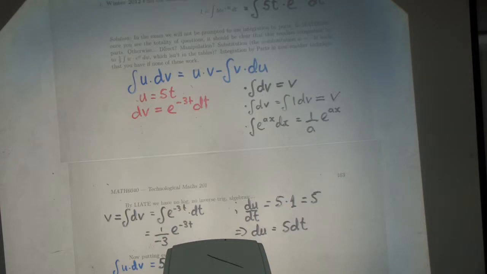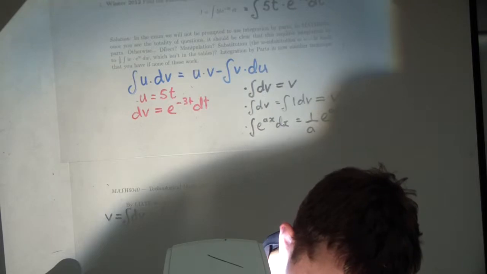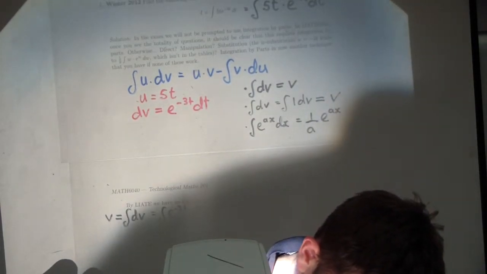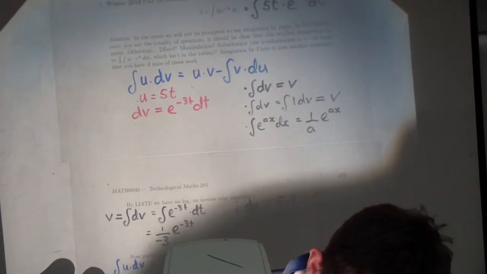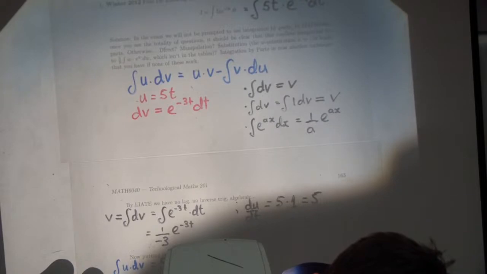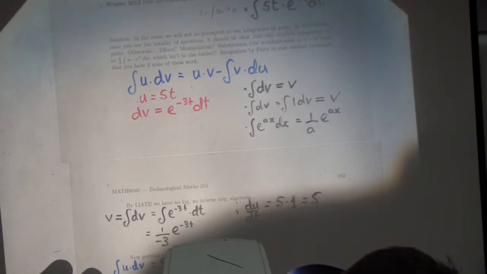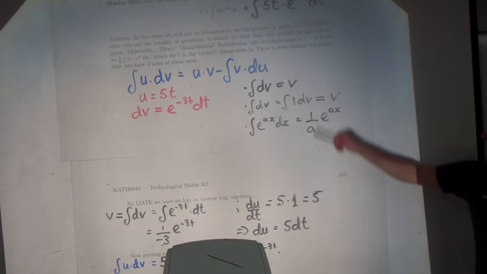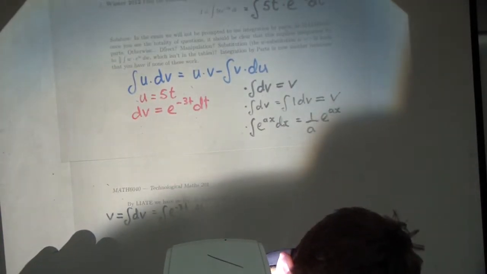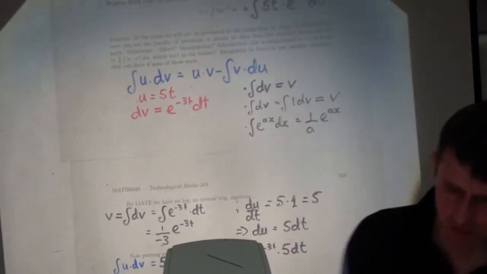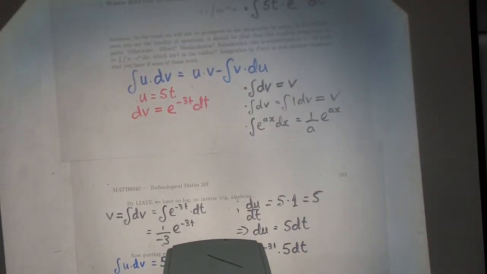So that 1 over minus 3 is minus a third. I'm going to just write it as it is for now. Minus the antiderivative of v, well this is still v, times du. What's du? 5 dt. So integration by parts is doing all that.